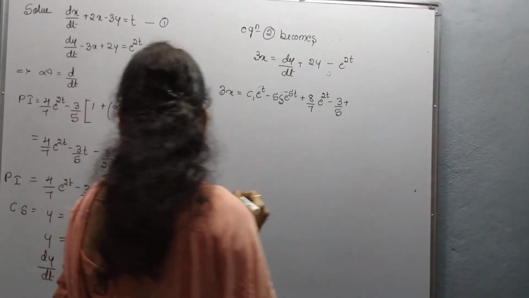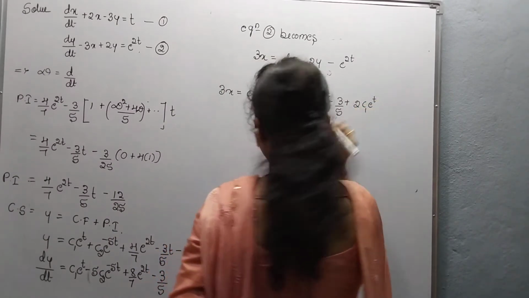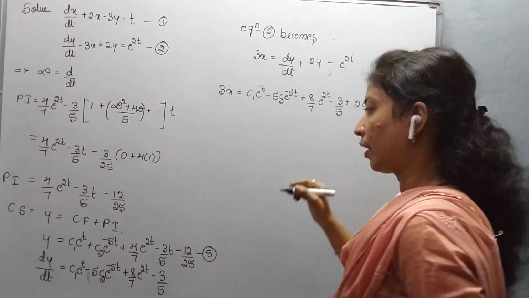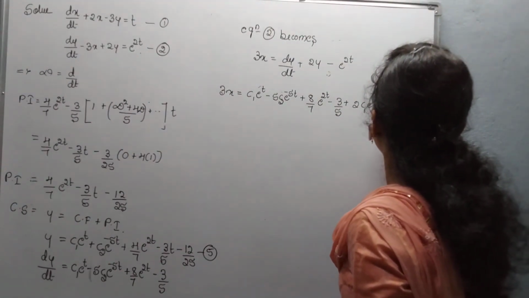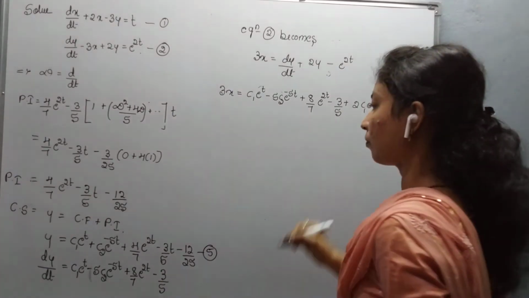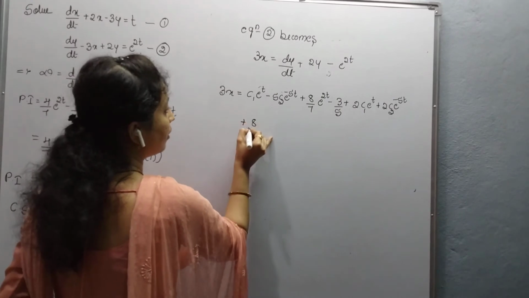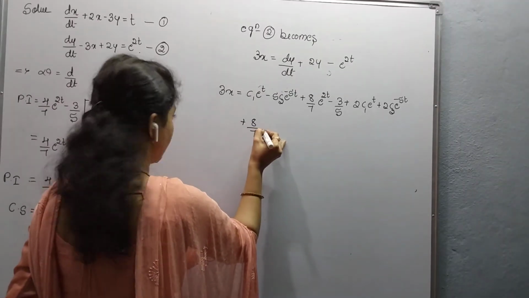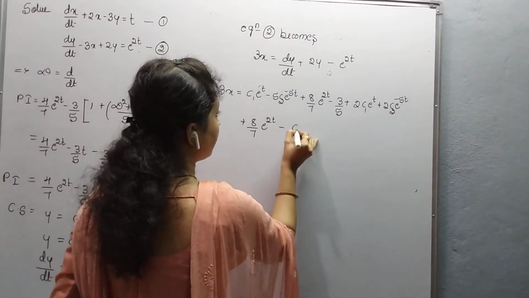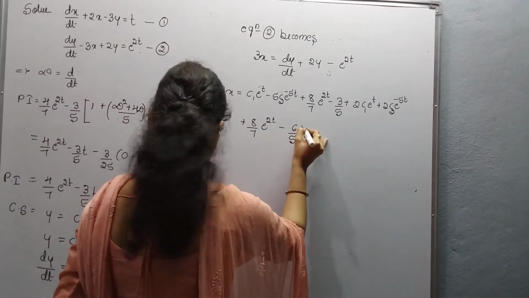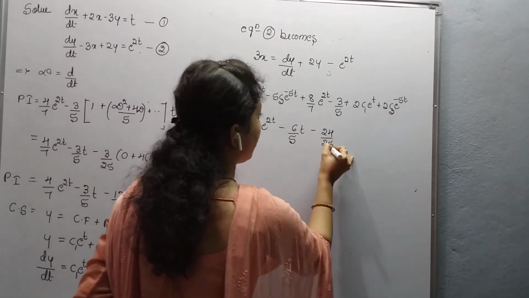Y is nothing but 2c1 e raised to t, and plus 2c2 e raised to minus 5t, and plus 8 by 7 e raised to 2t, and minus 6 divided by 5 into t minus 24 divided by 25.